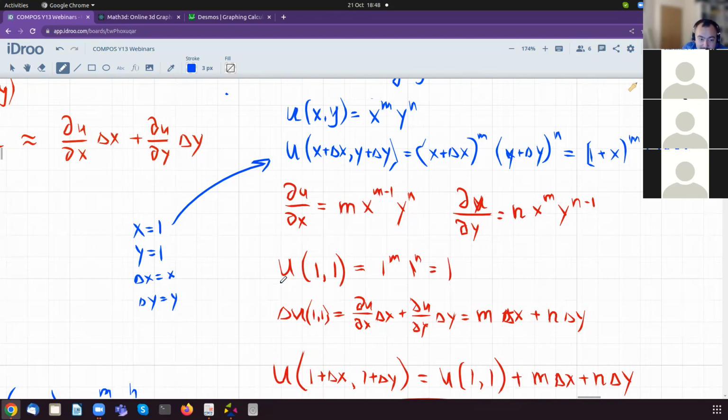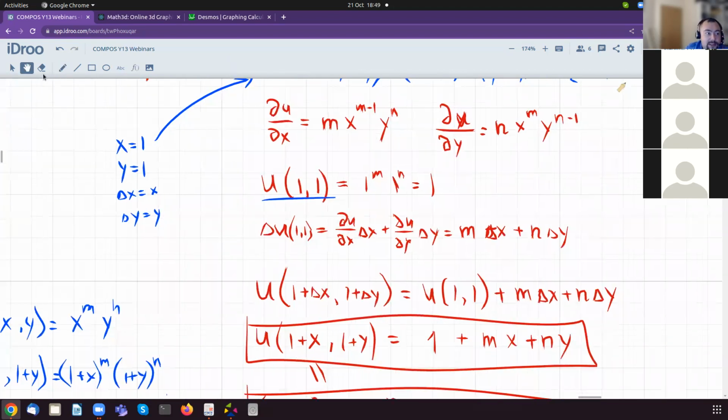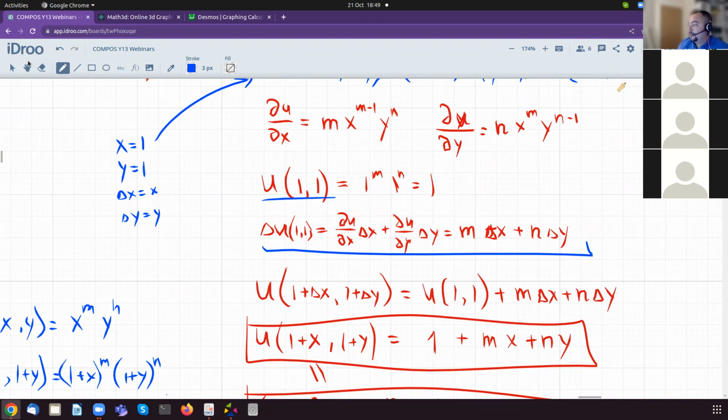Then we find u of 1, 1. We use the formula for delta u. Delta u is this, and then that. I will do another example, so hopefully that makes more sense.